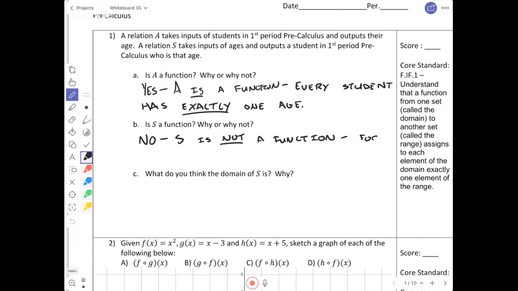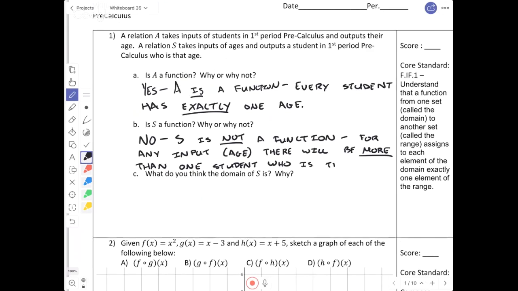For any input, the age, there will be more than one student who is that age.